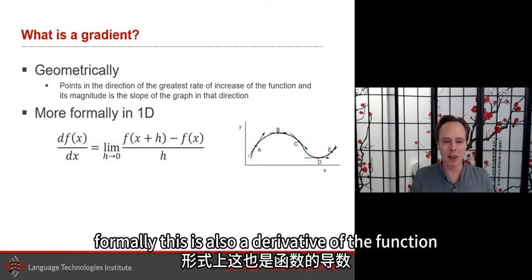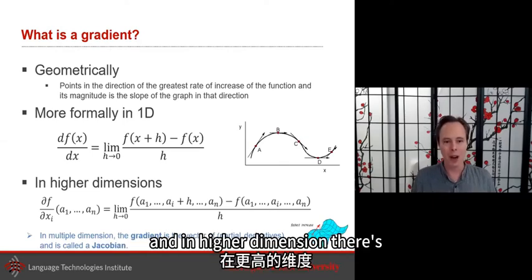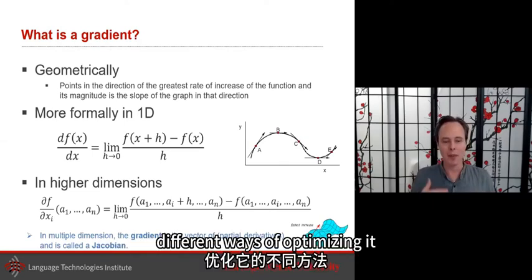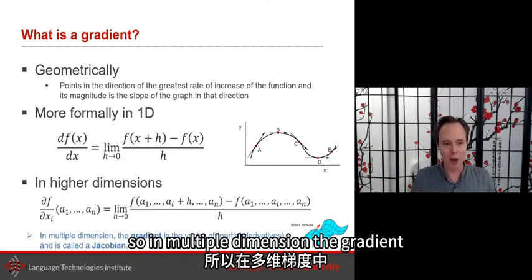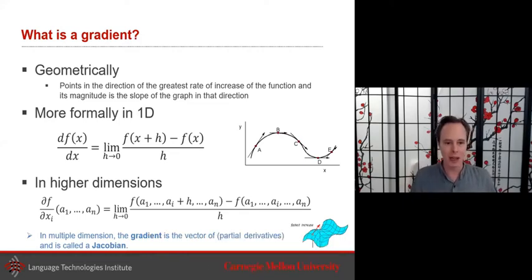Formally, this is also a derivative of the function. So it's in fact the derivative of your loss function. And in higher dimension, there's different ways of optimizing it. In multiple dimensions, the gradient is the vector of partial derivatives.